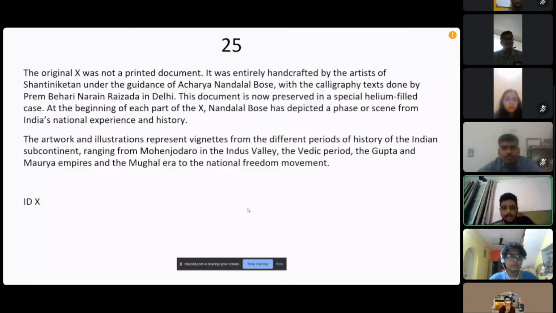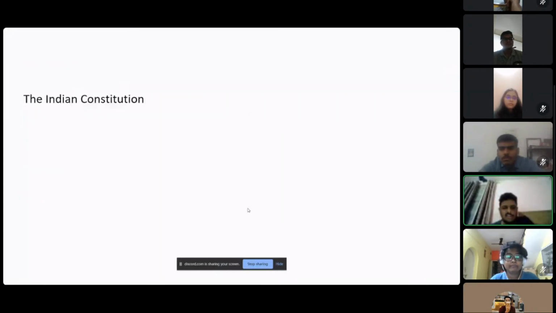Yes, a document. Okay. Constitution document. Sorry, I didn't understand. The Constitution. The Constitution of India. That's the correct answer. Yes, P7 gave this answer, the Constitution.